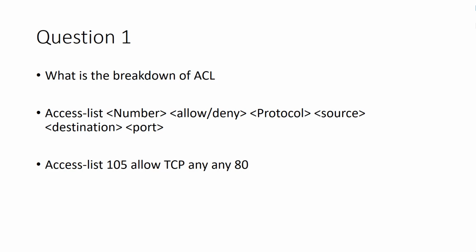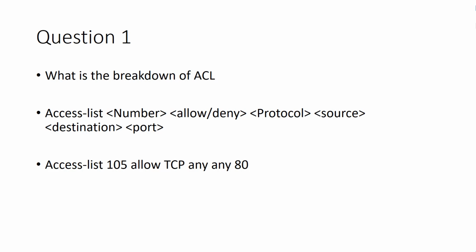If we do not do TCP or UDP, we do not get the option to put a port there, because again, the port numbers are TCP or UDP only. The protocol could be TCP, UDP, IP, ICMP.